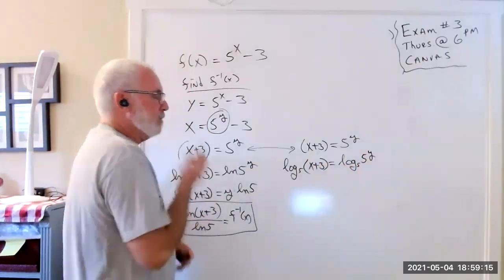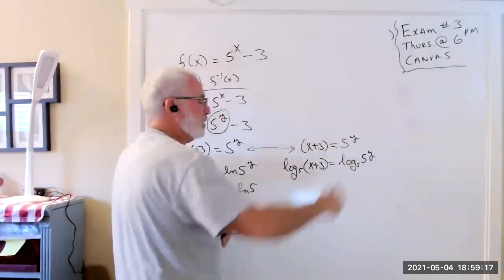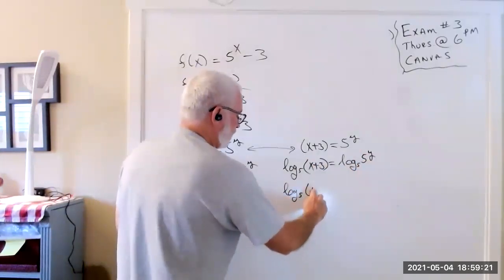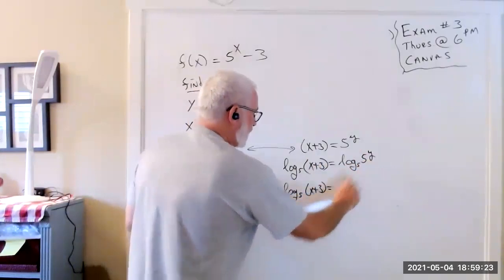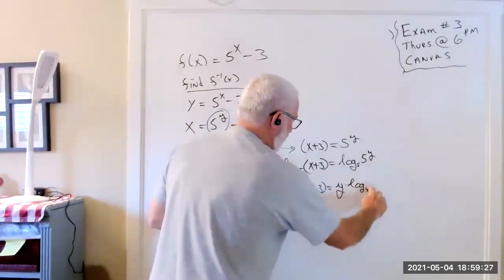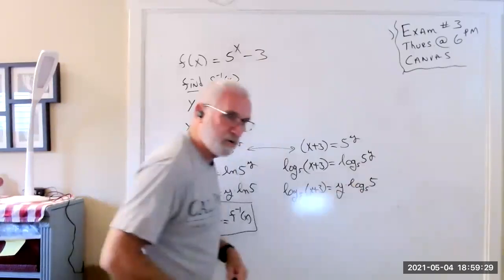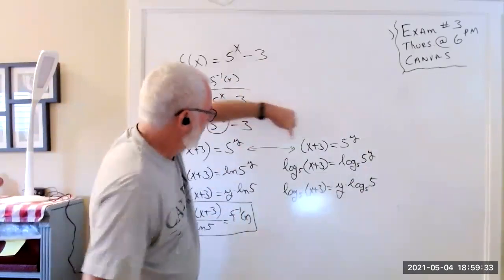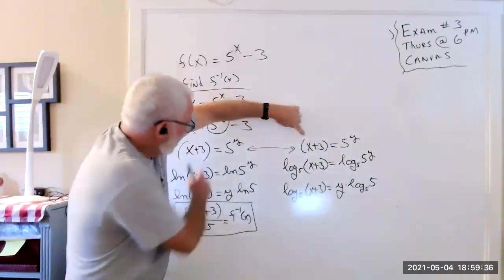Because they're looking into the future. So this is the log base 5 of x plus 3 equals, bring down the y, times the log base 5 of 5. Where's my glare? I'm right in the middle of it. Do you guys understand? This is the same step as this.